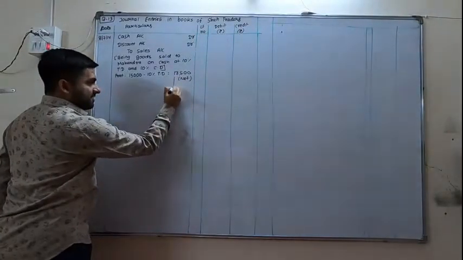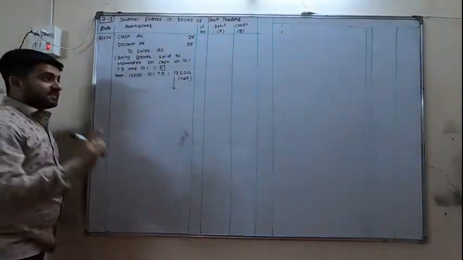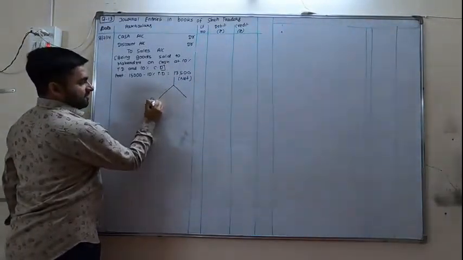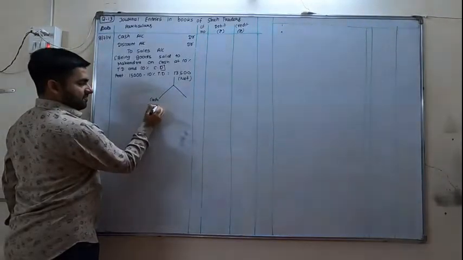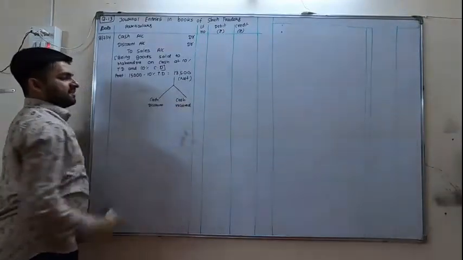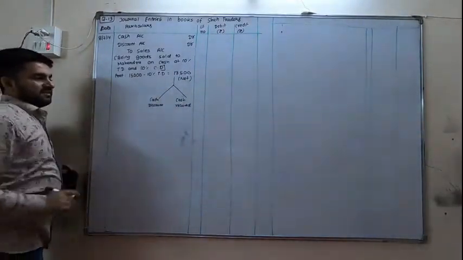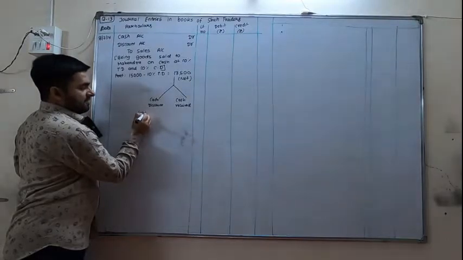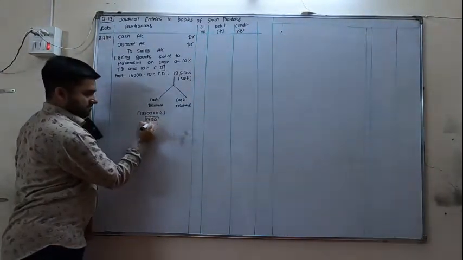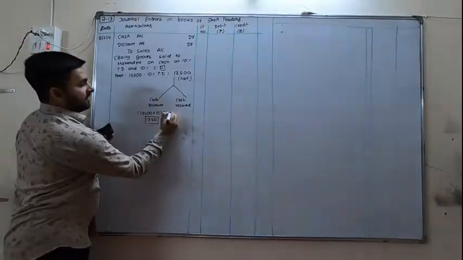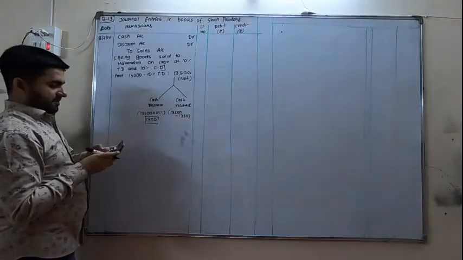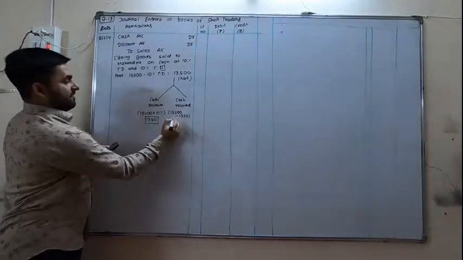Now for this net amount itself, directly we will have two parts: cash discount and cash received. Previously we had a cheque amount, but here cash is received. So 13,500 multiplied by 10%, because we need the amount of discount, is 1350. Now cash received is 13,500 minus 1350, which is 12,150.